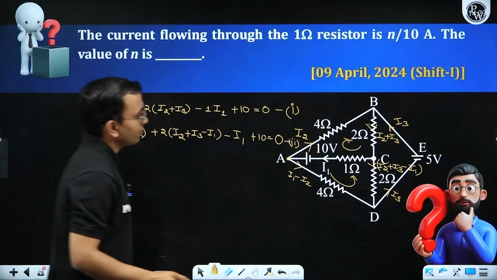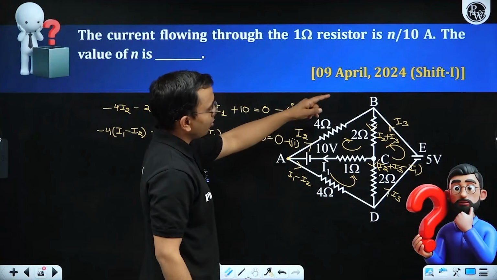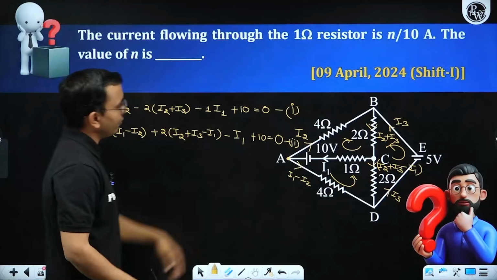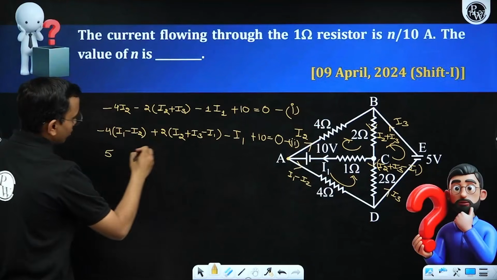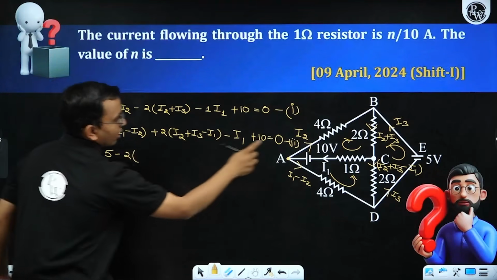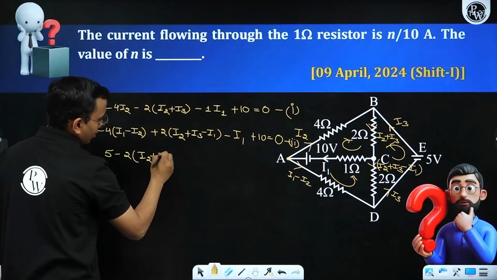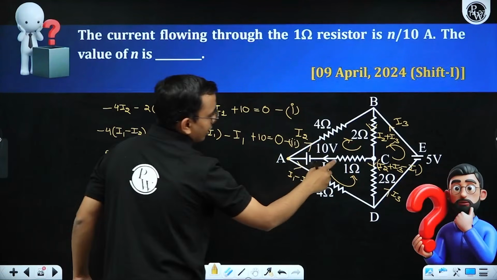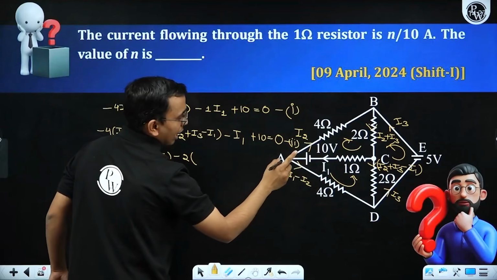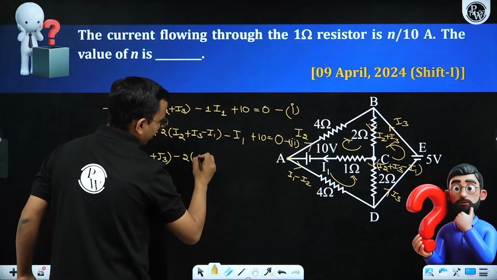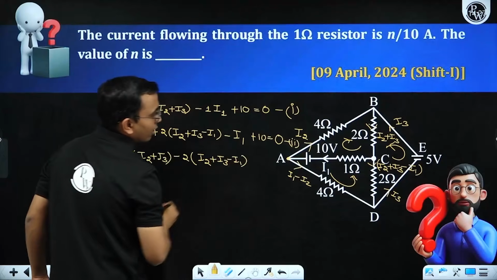Third equation, let us move in this loop, starting from point D. So plus 5, then minus 2 into this I2 plus I3, then minus 2 into I2 plus I3 minus I1, is equal to 0.